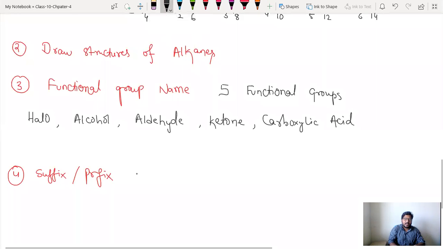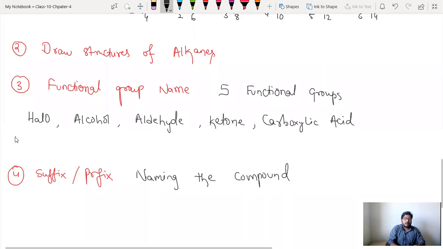That is regarding naming the compound, guys. While you are naming the compound, this suffix and prefix will be used. I'll teach you. Next, formulas for the functional groups.